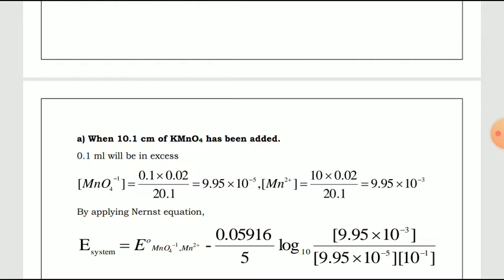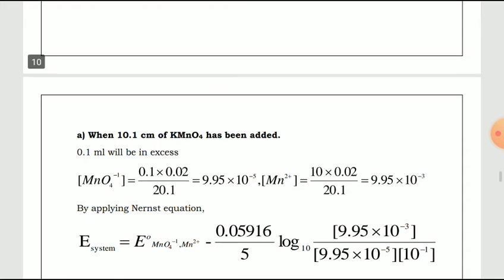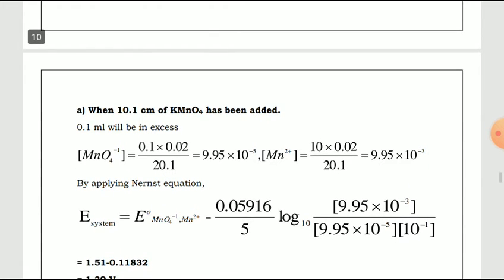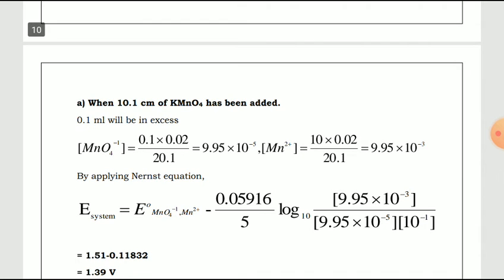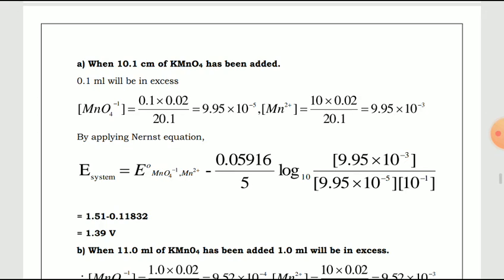When we put in the values of all three terms, then our equation becomes 1.51 minus 0.11832. When we subtract this value, we will get 1.39 volt. That is E system of this. When we add 10.1 ml of KMnO4 into the beaker, or an excess 0.1 ml of KMnO4, then the value of E cell or E system will be 1.39 volt.